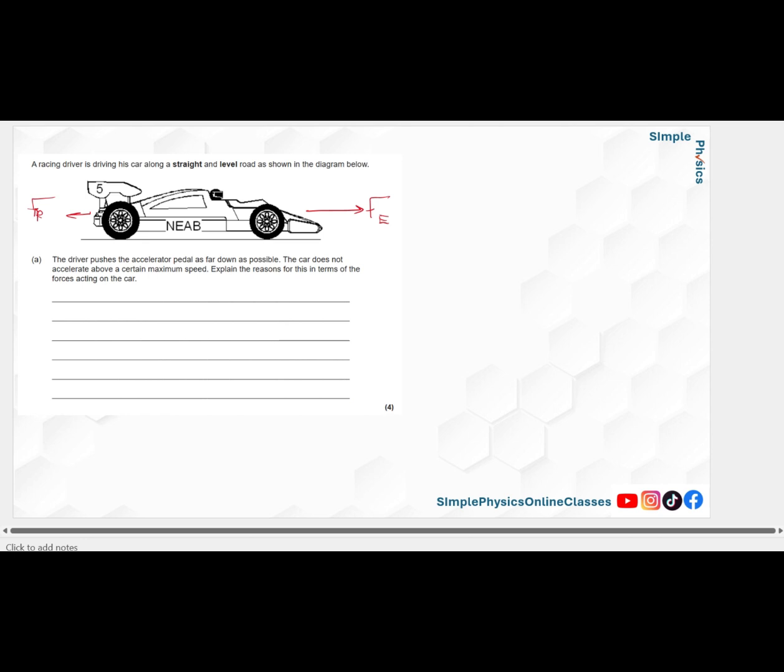So when you're accelerating, the force forwards is greater than the force backwards. Therefore, there's a resultant force this way. Therefore, there's an acceleration this way. Okay.